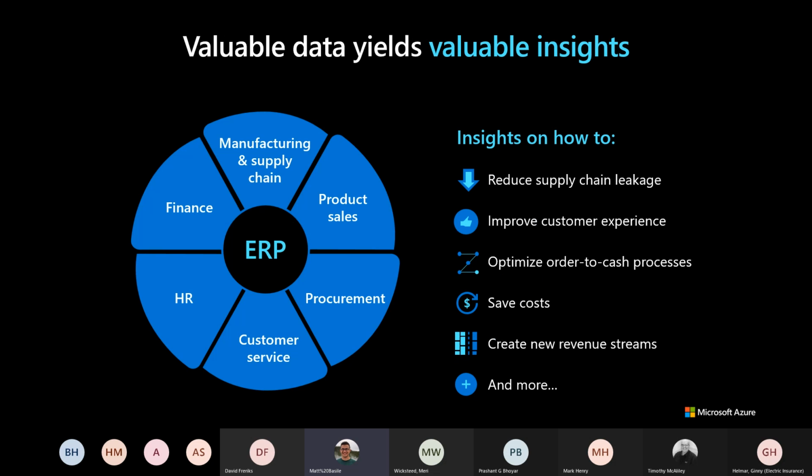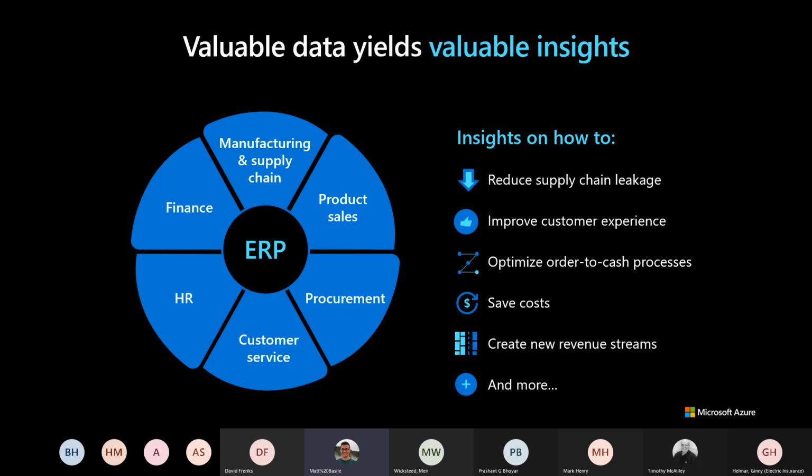And when we look at this ERP data, it's about the value you can get from it. And of course, with a vast amount of data, there's a vast amount of value to be gotten from it. And so we've seen use cases of customers finding ways to reduce supply chain leakage or improve customer experience. These are things like, once again, like I said, where you need both responsiveness, but also granularity.